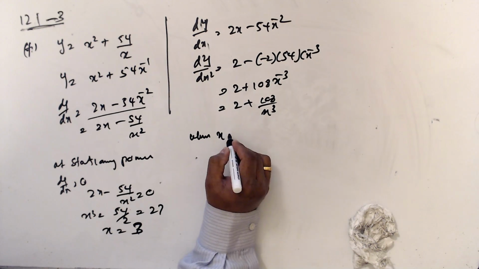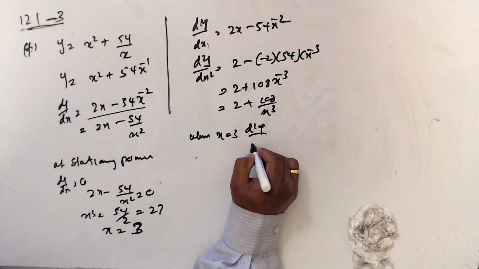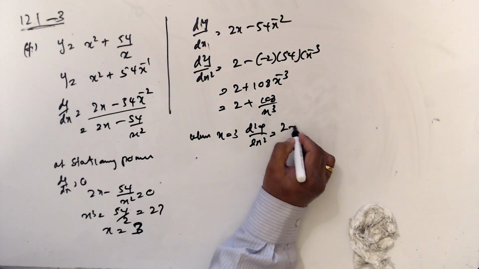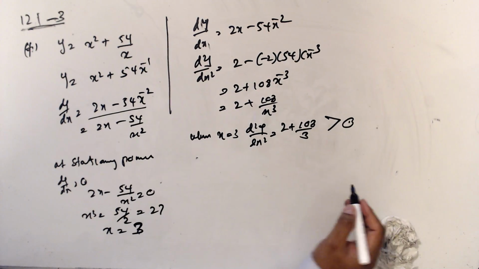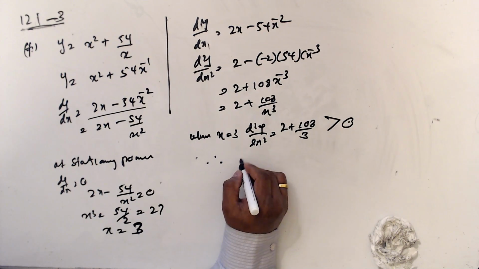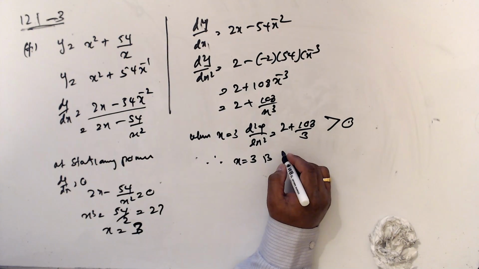When x equals 3, d²y/dx² equals 2 + 108 over 27, which is greater than 0. Hence x equals 3 is a minimum.